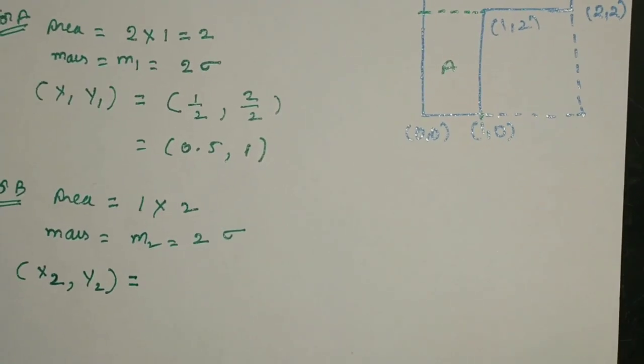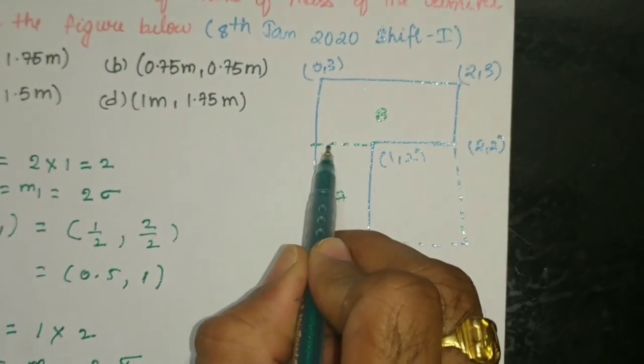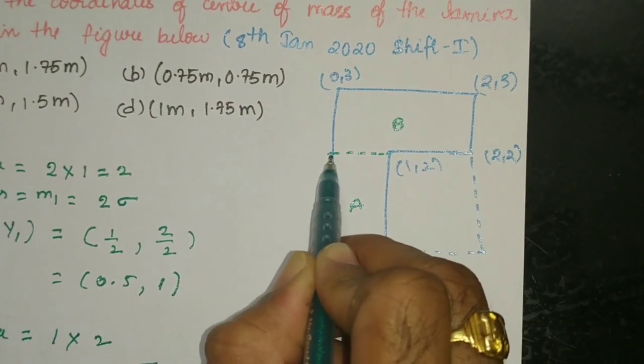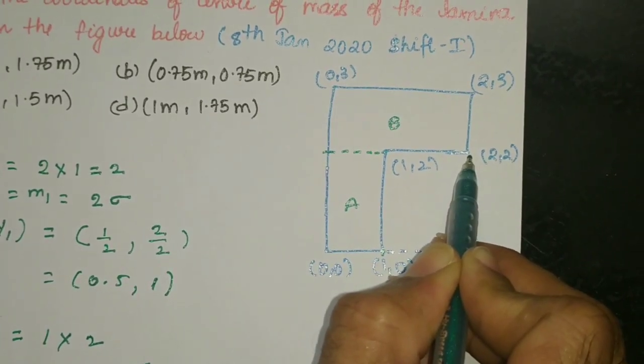So, x2 means here the width of this rectangular lamina B extends from 0, 0 to 2, 2.